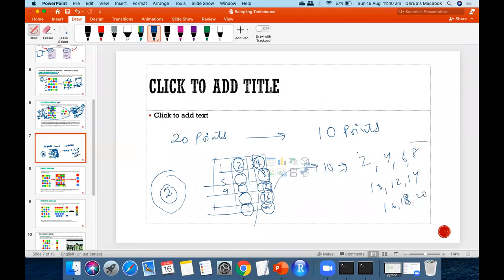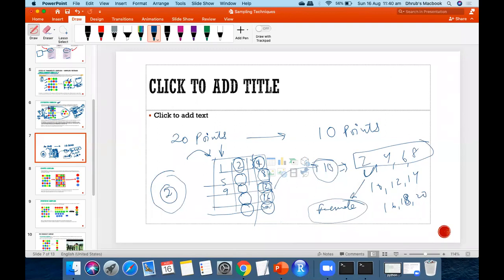Cool. But I'm saying that while I was showing you, my population was distributed in a way that all the odd-numbered people are male, and all the even-numbered people are female. Cool. So what you have done in this particular sampling is that all the data points you have chosen for your sample belong to female, right?